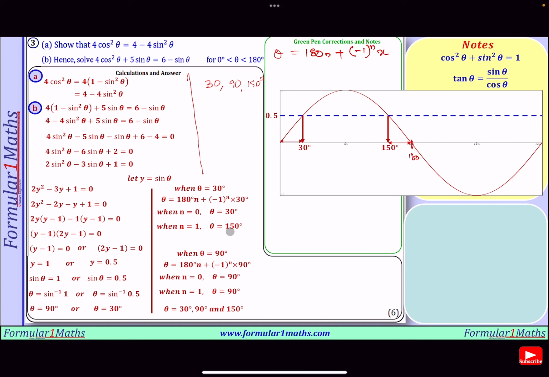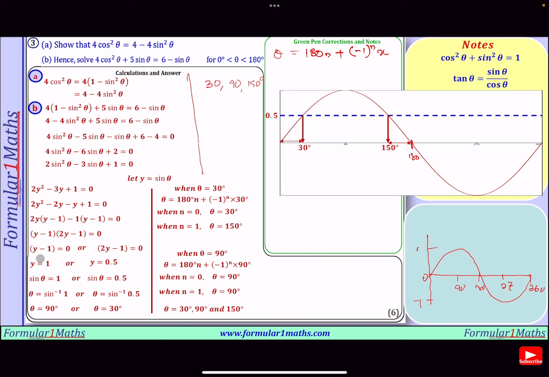For the 90 degrees, if I draw the sine curve again, I have this. That is 1. That is minus 1. This is 0, 180, 360. This is 90. This is 270.